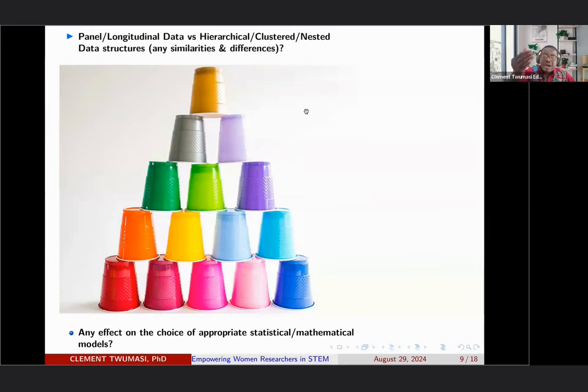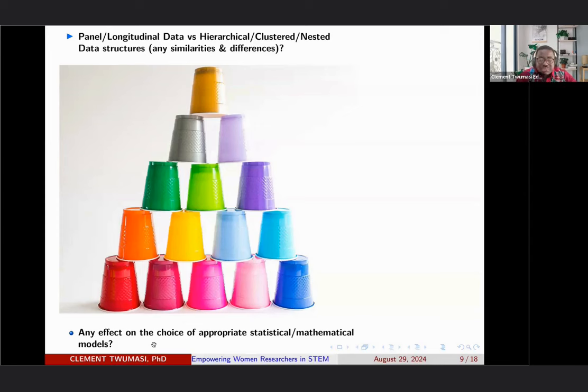But you can also have hierarchical data, which is nested or clustered within bigger groups, and still, at the end of the day, also collected over time. So that means we can have panel hierarchical data. We can even have longitudinal hierarchical data. Panel also means longitudinal. And how do these affect the choice of models? We are now going to the next session.